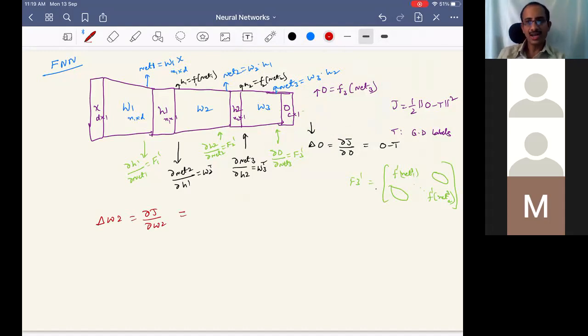We can do it in different ways. In some cases I want W2 JK, where J is this side and K is this side.